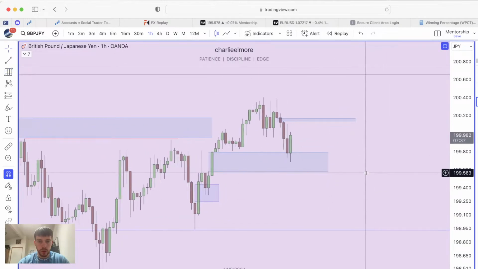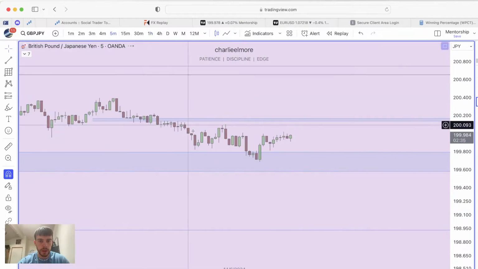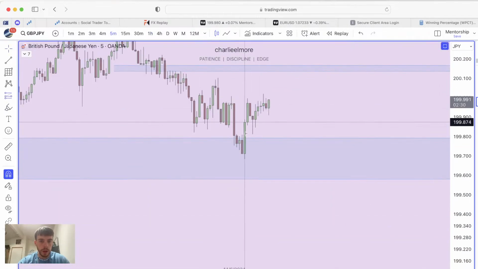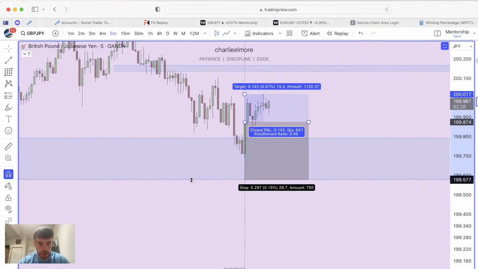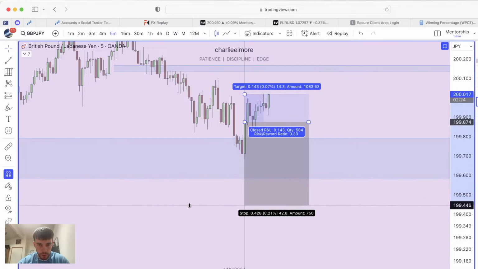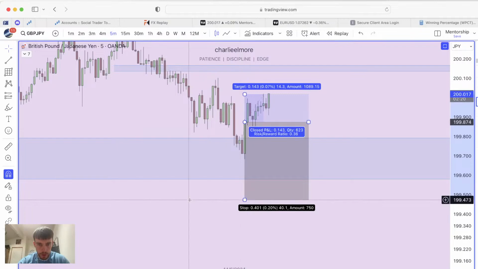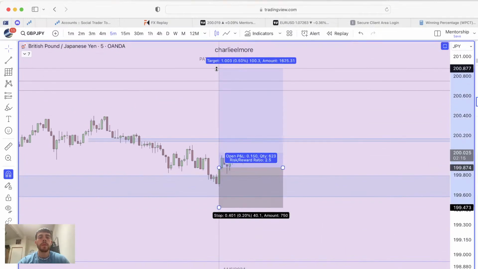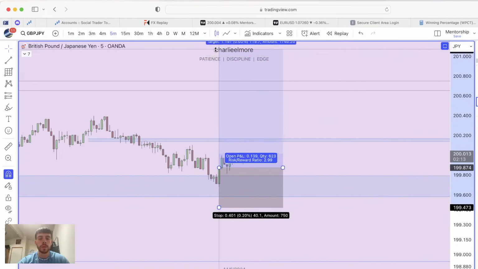Okay. So going down into the 5-minute, that would have been the entry right there. So I'm just going to keep note of that. If this plays out, then I may just transfer to Oanda. And then 1 to 3 up there.